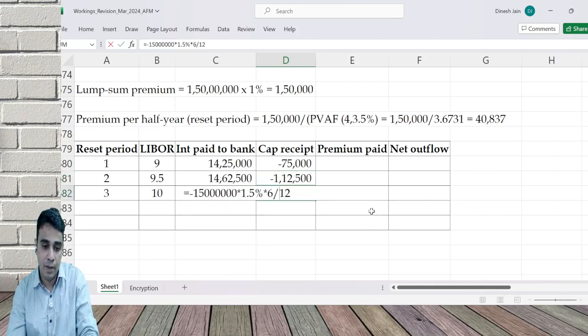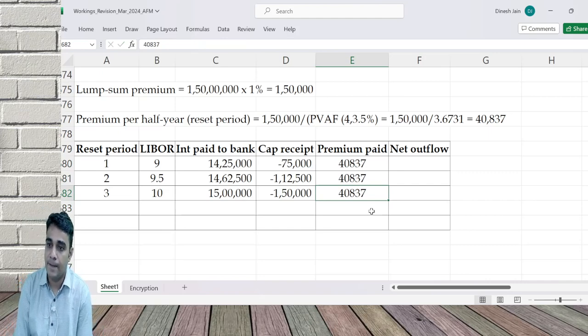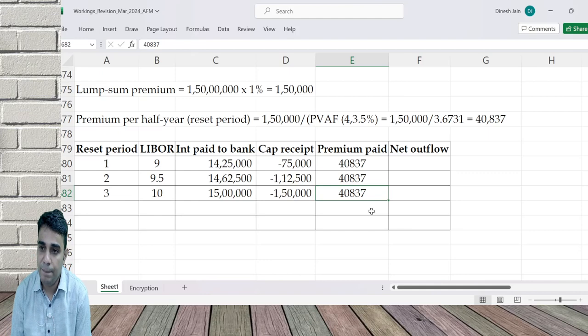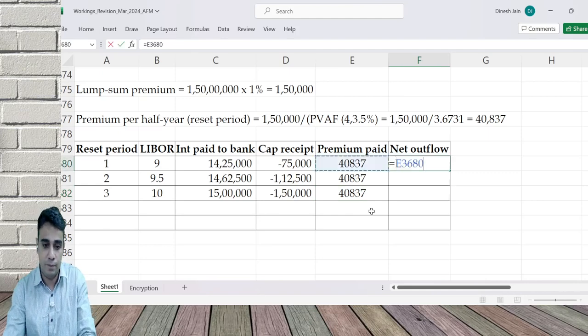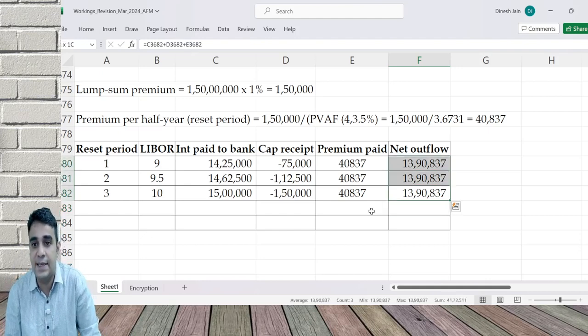Third time, whether you get compensation or not, you have to keep paying the premium of 40,837, whether you are exercising the option or not. Then I get my net outflow. So it is basically fixed at 13 lakh 90. It will not exceed that because of the cap option.